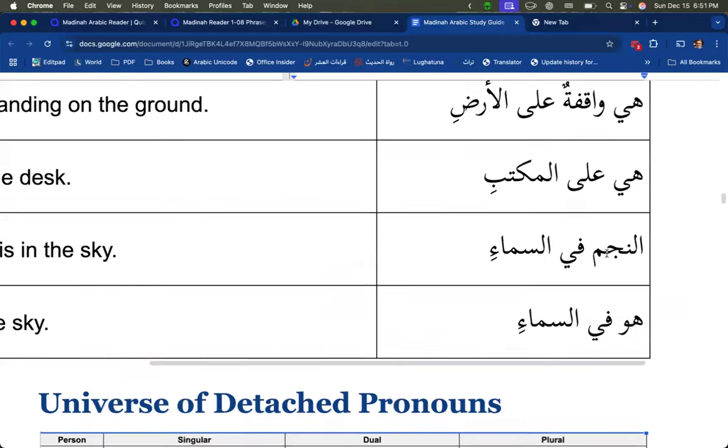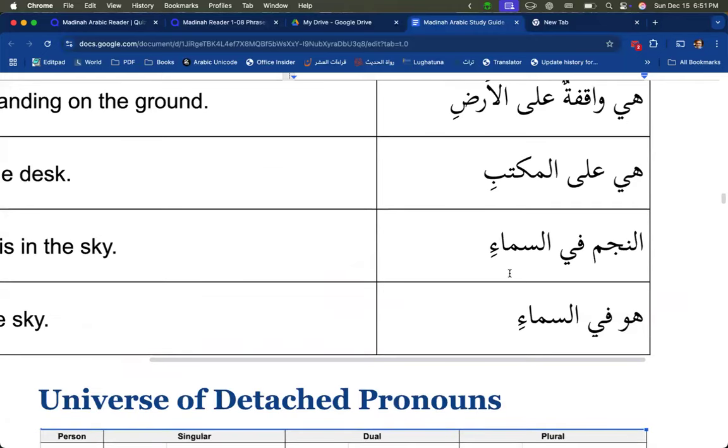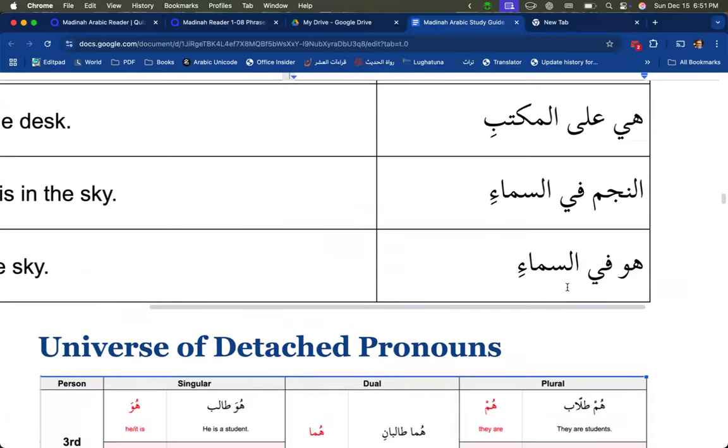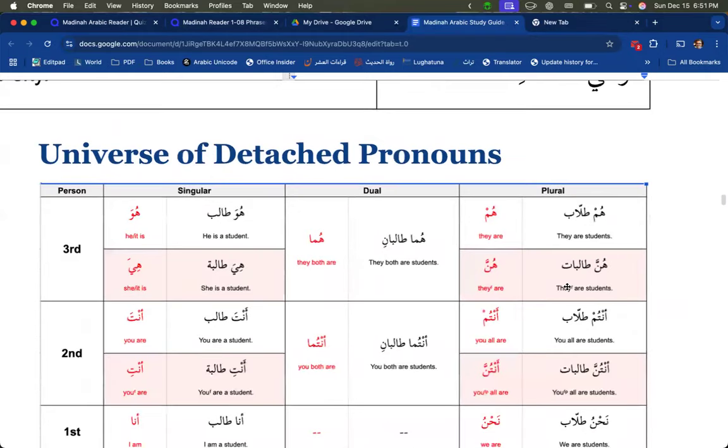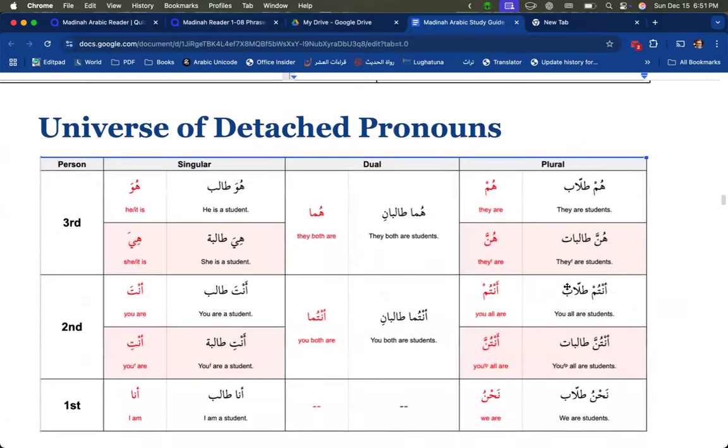Something feminine. النجم في السماء. The star is in the sky. هو في السماء. It is in the sky, or he is in the sky, right? Allah subhanahu wa ta'ala huwa fi السماء. And somebody asked Rasulullah sallallahu alayhi wasallam, where is Allah?